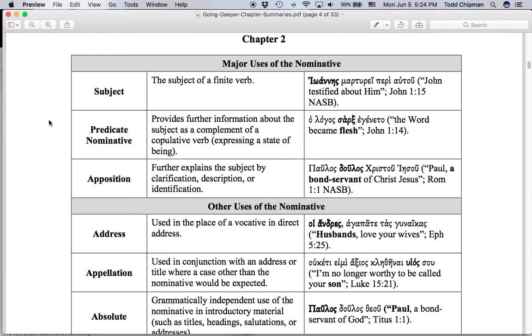Ho logos sarx egeneto. The word became flesh. And notice that the predicate nominative does not have to agree in gender with the subject. And this differentiates it from the predicate adjective, which does have to agree in gender. So the predicate nominative does not.